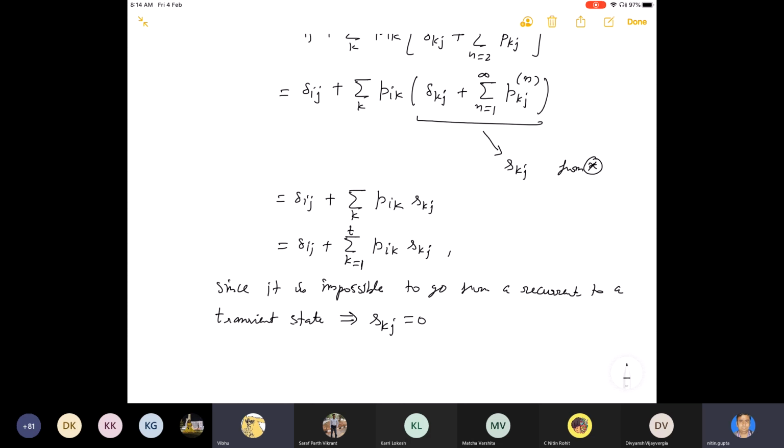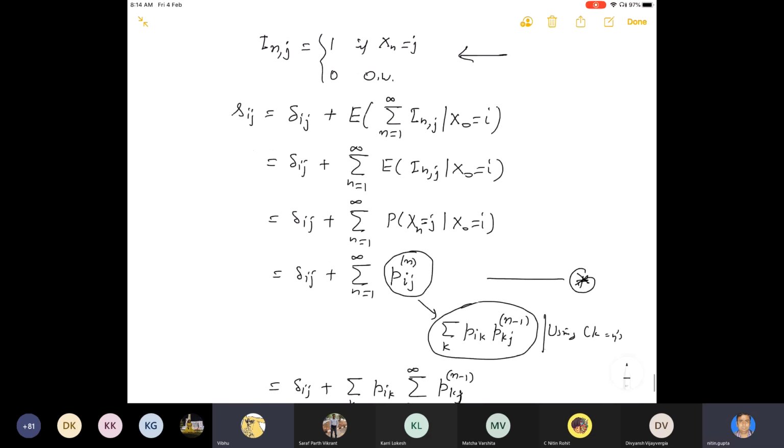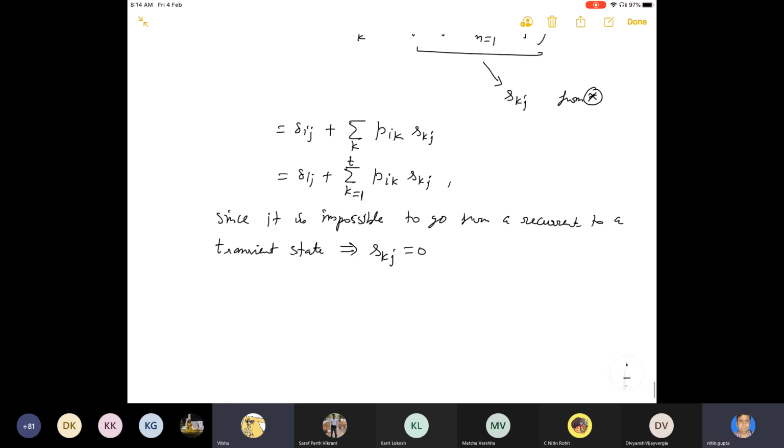The expected number of time periods we go to state j of the Markov chain starting from state k, where k is a recurrent state, is 0.